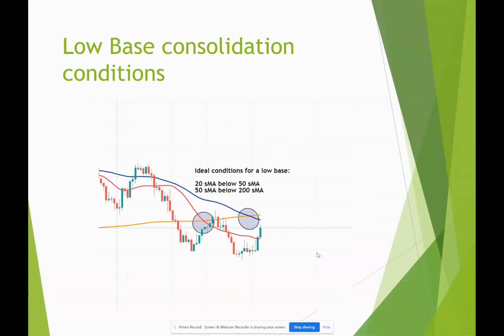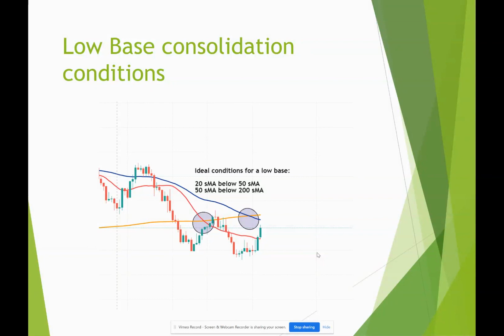As far as the conditions I look for, I don't use the 20, 50, or 200 simple moving averages in my day-to-day trading. However, I do use them to give a general idea of what I might be able to watch for. The ideal conditions for a low base, and the same conditions will apply for a high base, are that I want the 20 moving average to be below the 50, and I want the 50 to be below the 200.